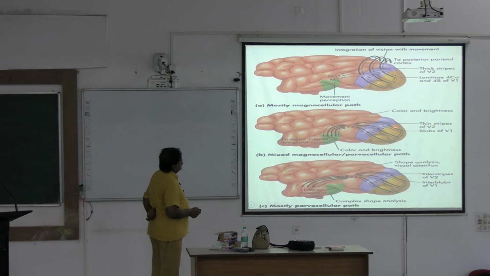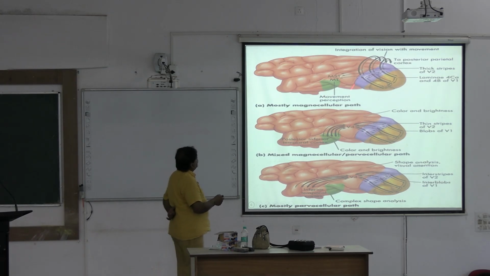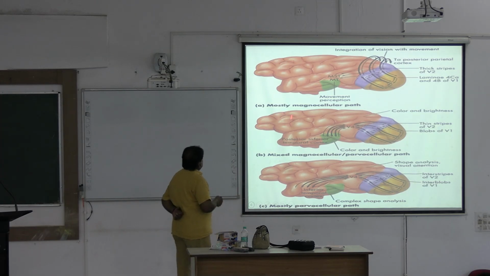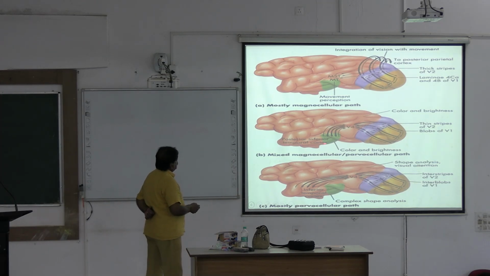And a mixed magnocellular parvocellular pathway, mostly parvocellular pathway. The movement perception, lamina 4B to posterior parietal cortex, integration of vision with movement. Mostly magnocellular pathway, posterior inferior temporal cortex.